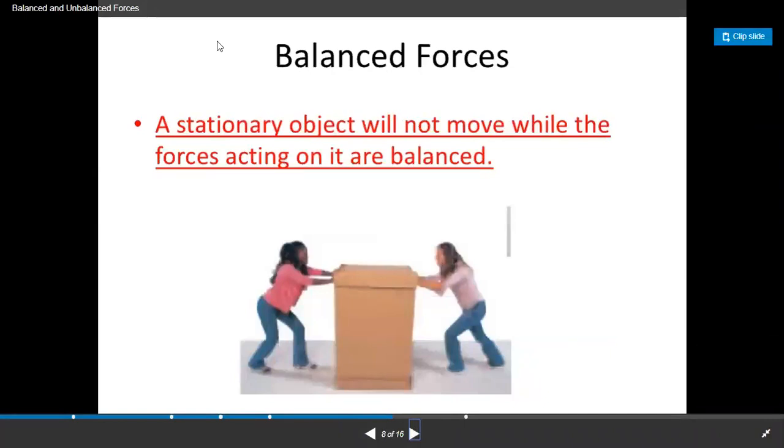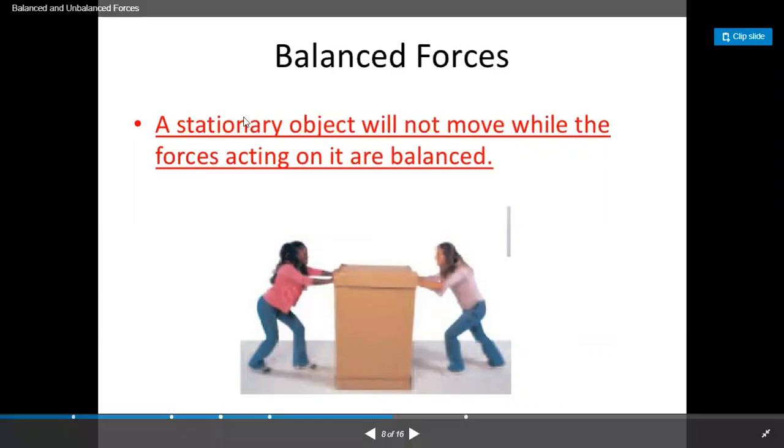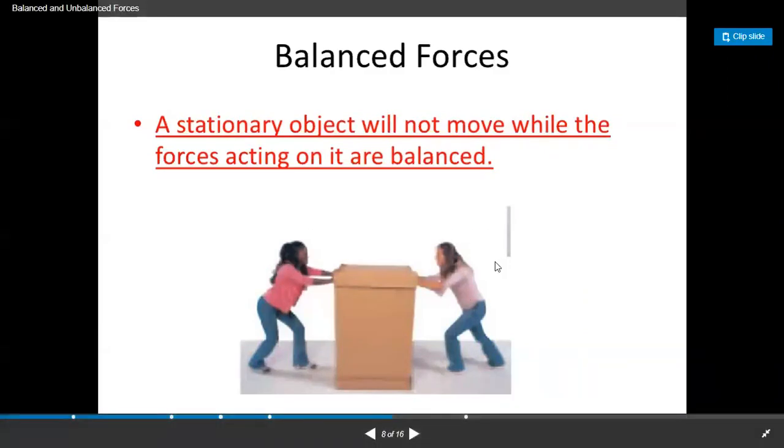This is a typical example of a balanced force. A stationary object will not move while the forces acting on it are balanced. For example, if both the girls are applying a force of 10 newtons, the object will not move from its position because they are applying the same amount of force.